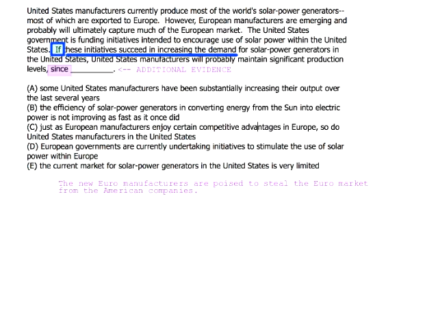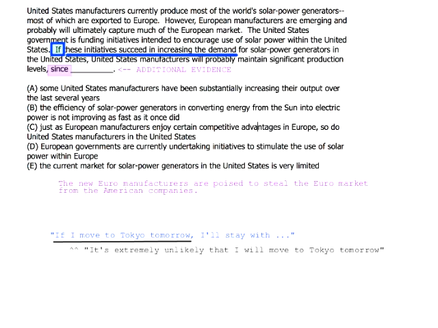But if I say something like, if I move to Tokyo tomorrow, I'll stay with my friend so-and-so who lives there, then no matter how likely or unlikely this is, it makes no difference. In other words, even if someone says it's extremely unlikely that I will move to Tokyo, that's not an objection to this. That's the point. It makes no difference at all. Because we're only considering what happens if I do.